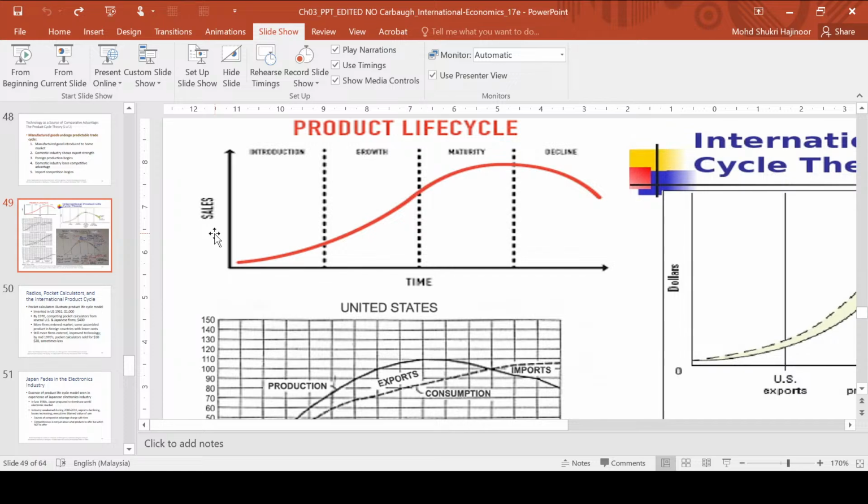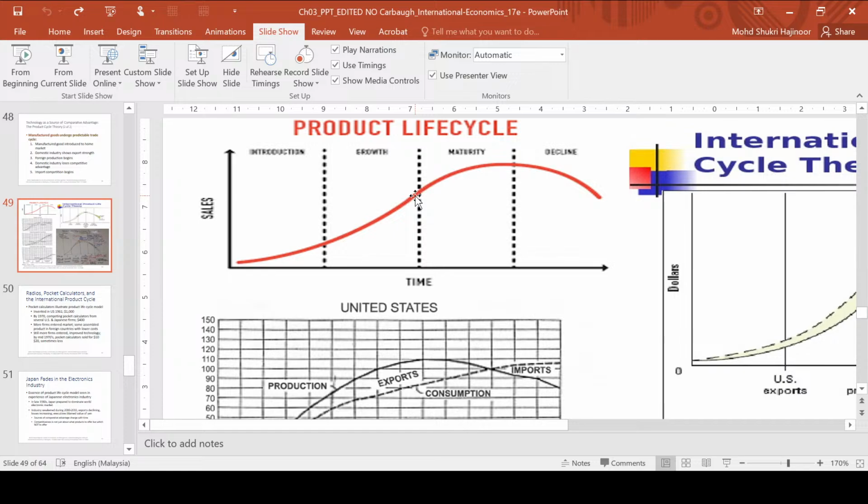At least 3, can be 4 stages, can be 5, depending on how detailed you want. Growth. Look at the growth stage or phase. 4 phases. Growth phase, increase in sales, and maturity. The product becomes mature.